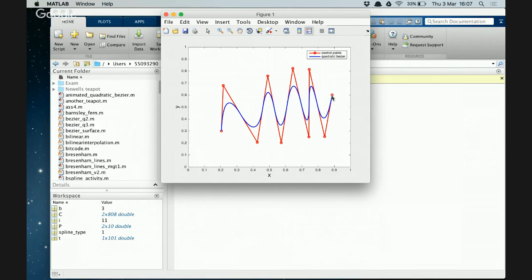Right, last thing for today, if you just turn over to page 3, we're going to calculate an open uniform B-spline.